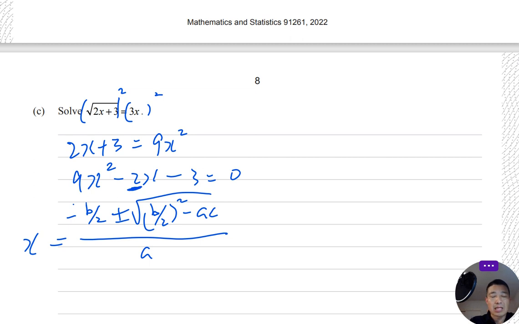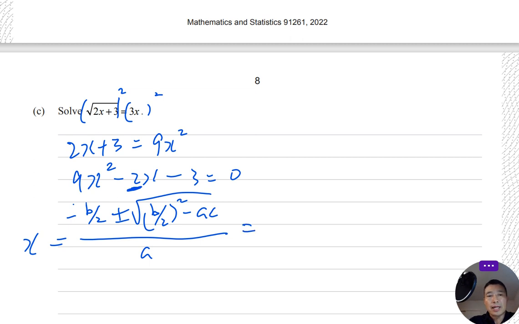In this case that's 9, but oftentimes a is 1. So we can avoid a fraction and it's easier to calculate this way. This only works when b is an even number. If it is odd, you have to stick to the original quadratic formula.